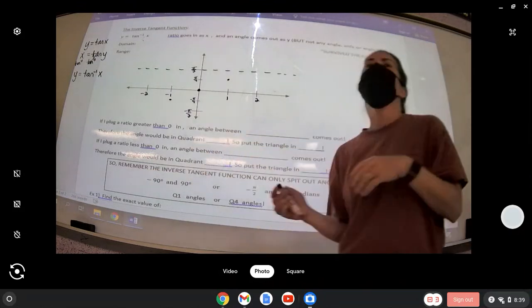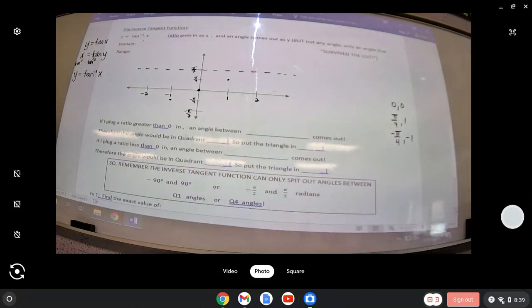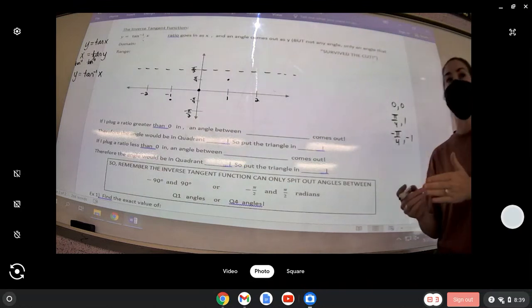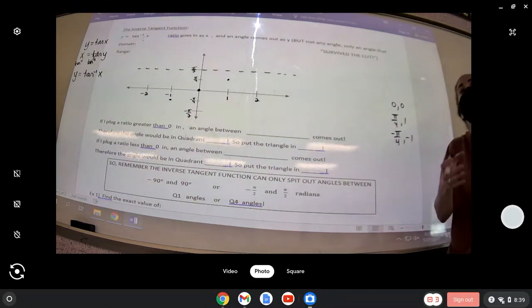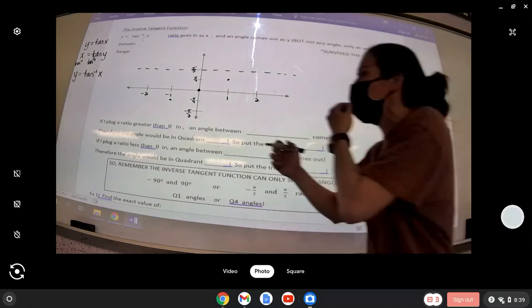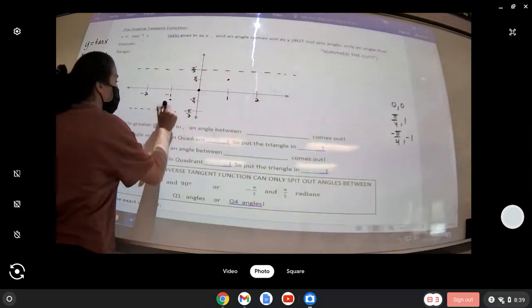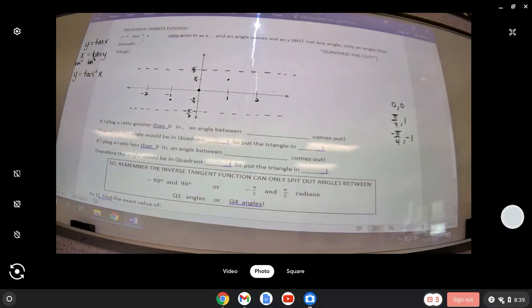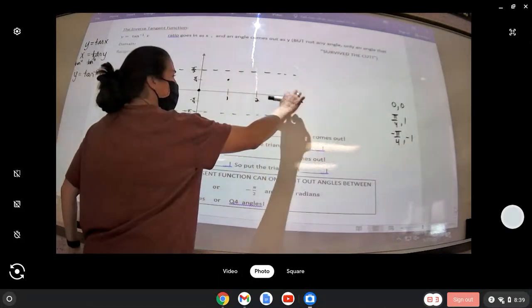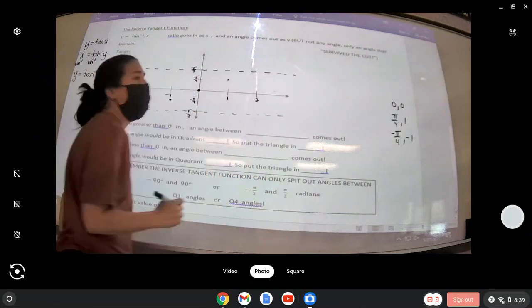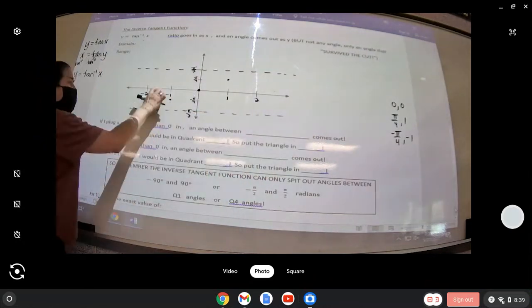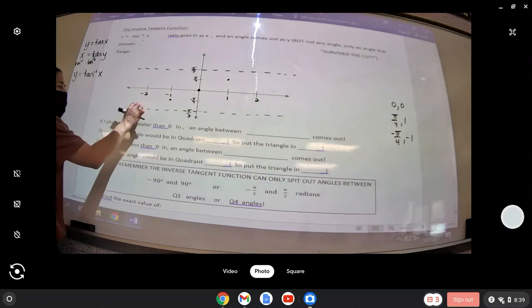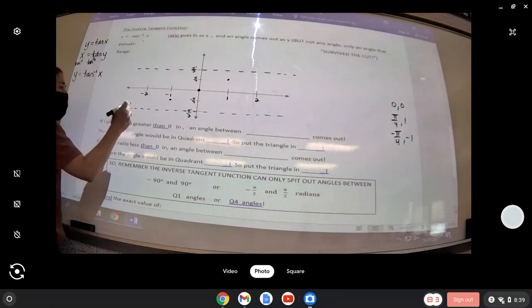And the same thing here. Negative pi over 2 used to be a bad angle that couldn't go into the tangent. So now it's an angle that the inverse is incapable of spitting out. So we're going to have an HA, a horizontal asymptote, at negative pi over 2. Right, and then as you plug ratios in, angles approaching pi over 2 come out. As you plug negative ratios in, angles approaching negative pi over 2 come out.